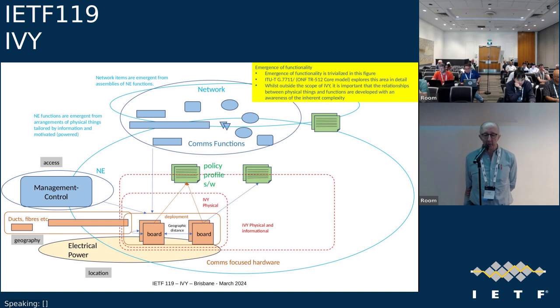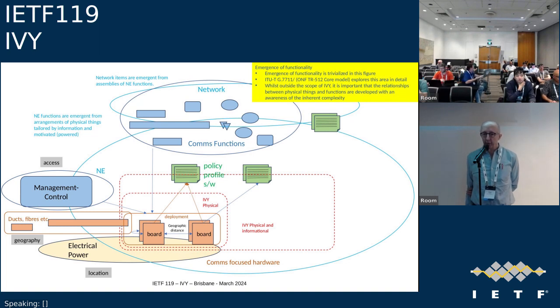But then looking down the bottom at the brown bits, these are physical in this diagram. You've got fibers, ducts, things of that sort, not in the IVY scope. Manhole covers, not in the IVY scope. Still physical things, but not in the scope. They don't tend to be serial numbered and inventoried and so on. So we're looking for that to sort of help us define the boundary.